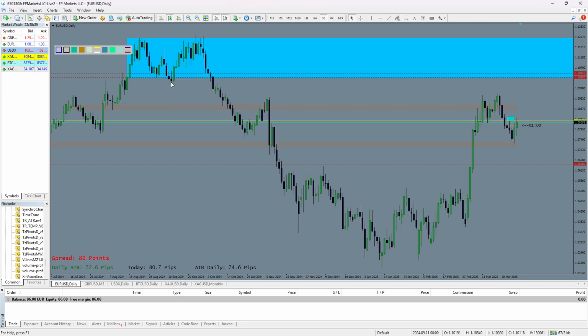All these four candles together could be considered as our breaker. So I can fine-tune this one to this here.